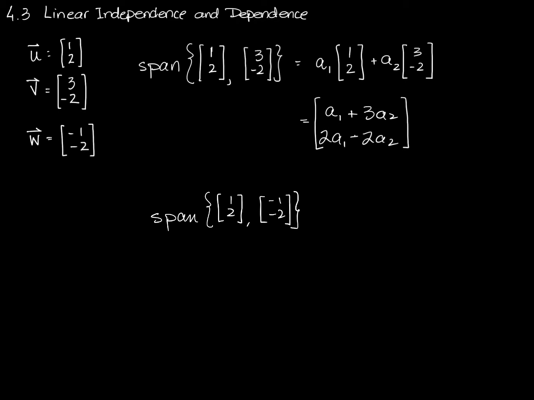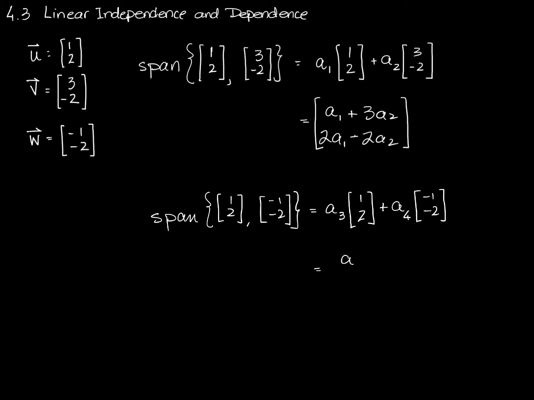So I'm finding the span of u and w. I'm going to use different numbers here just because I think that's best practice. You're getting potentially different constants than you did in the previous example, although again, they could be any constant, anything from the real numbers.